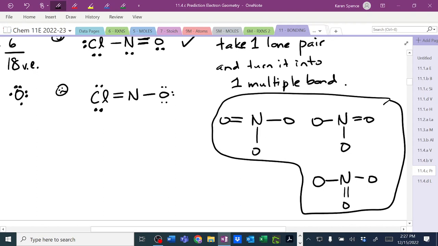What you really have is that the bond really isn't here or here or here. It's really in all 3 places, all at the same time. Yes?